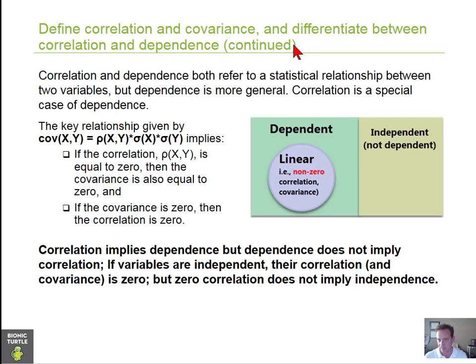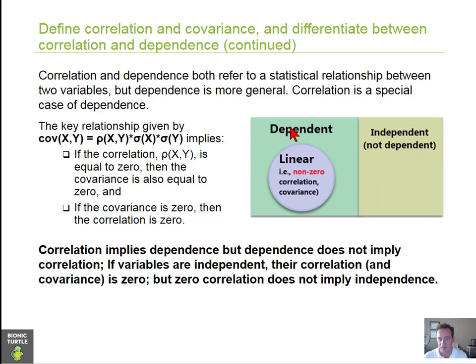And so this next part is important. Differentiate between correlation and dependence. Really important idea, and that is to say, correlation is not dependence. I've tried to illustrate it graphically here, but here we have the region of variables that are independent. There's no relationship between them. They are independent or not dependent.